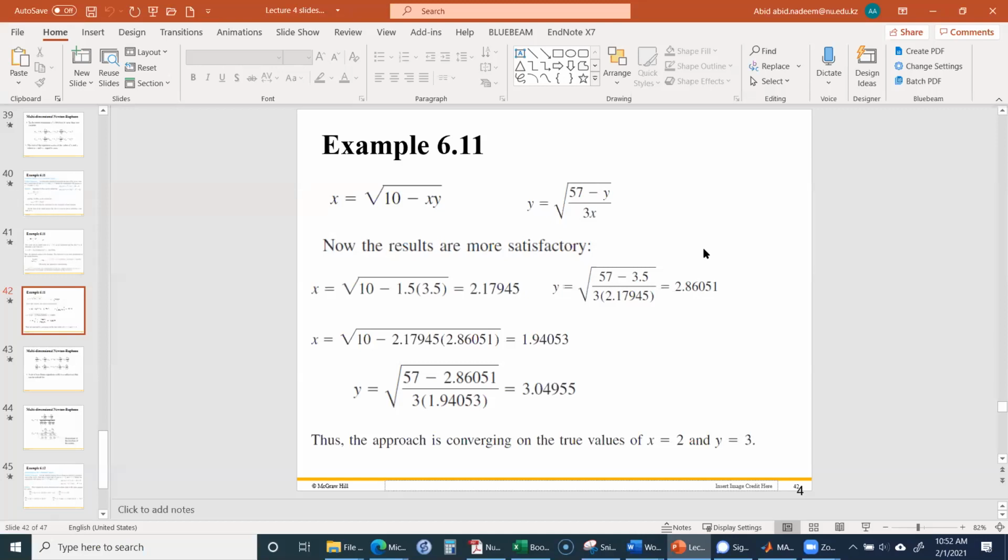So the best way to apply such a method is to use the trial and error method to first get a closer approximation of the results, and then apply this fixed point method to get more accurate approximate results.